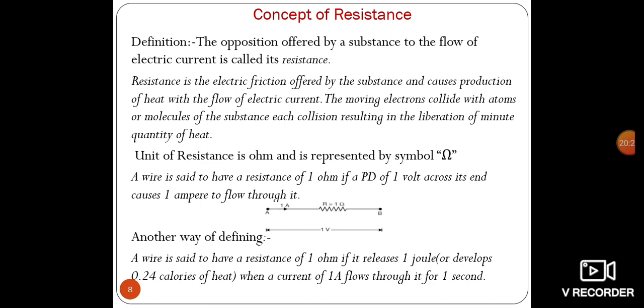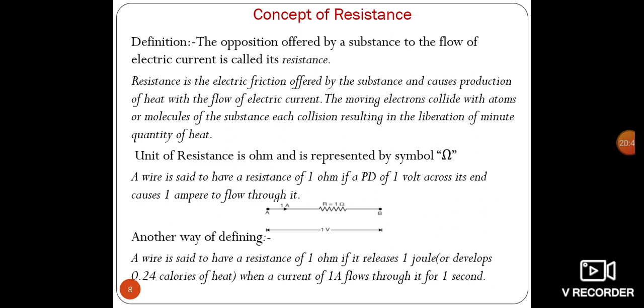So whenever 1 volt is applied and 1 ampere current flows through the substance, then the substance is said to have 1 ohm resistance.